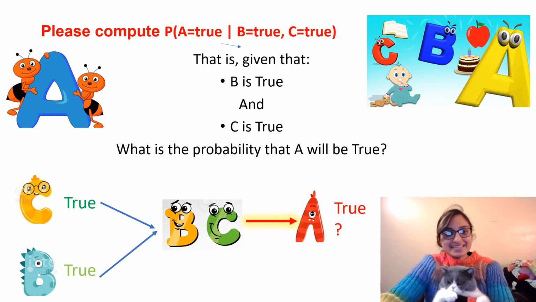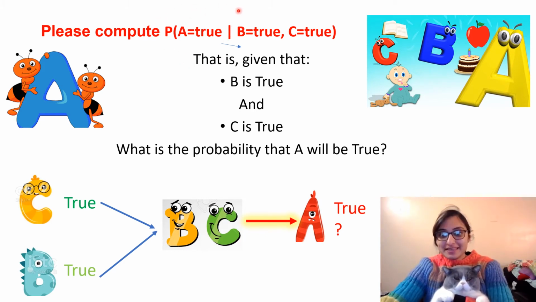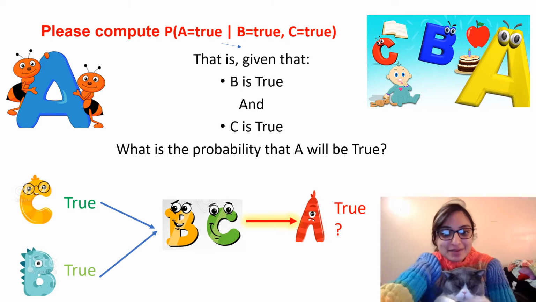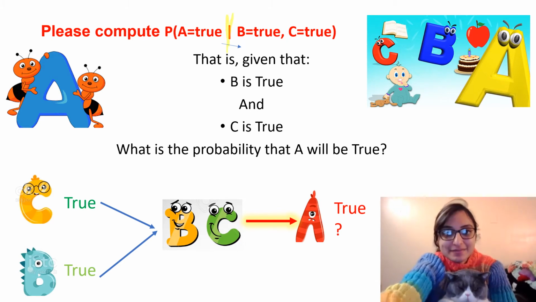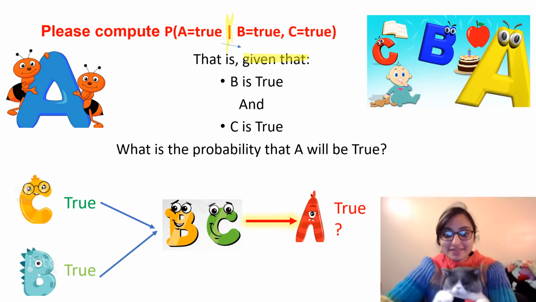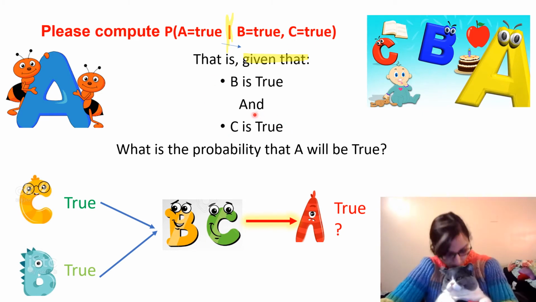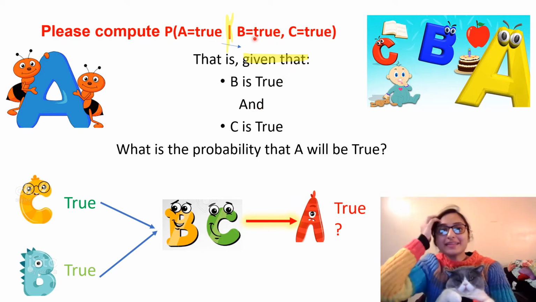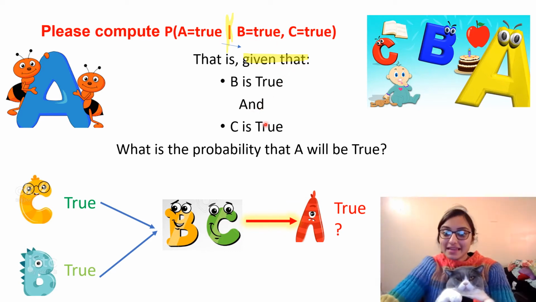So in this case, how do you deal with a problem where it's asking you to compute the probability that A is true, given, and again, this is the given, given that B is true and C is true? How do you find the probability that A will be true?